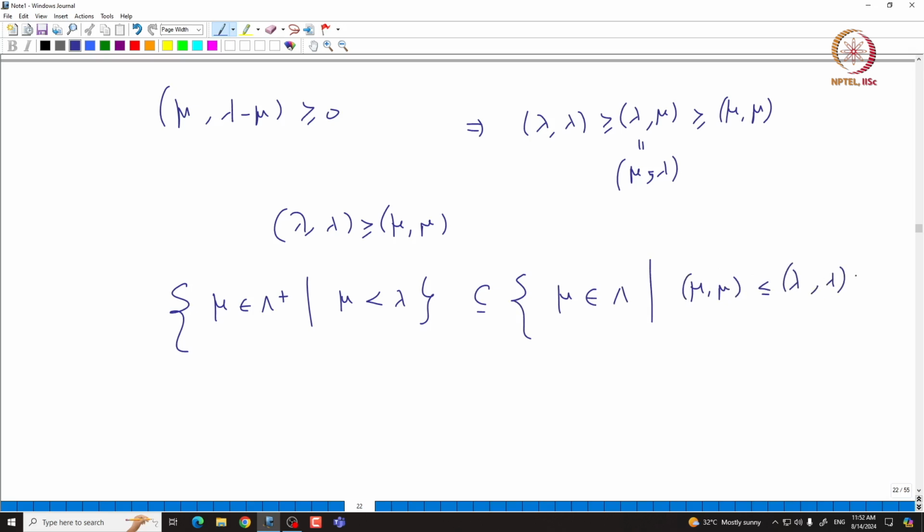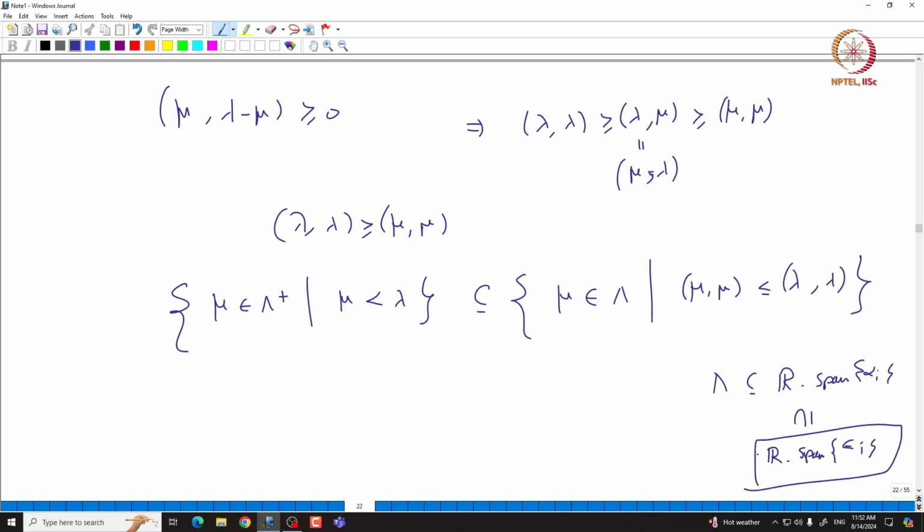Because if we take the real span of these alpha_i's, capital lambda sits inside the real span of alpha_i, or you can also work in the real span of epsilon_i's. There you can see that using the standard inner product, this becomes an inner product space. So, it is a Euclidean space, and this inner product is actually the standard inner product.